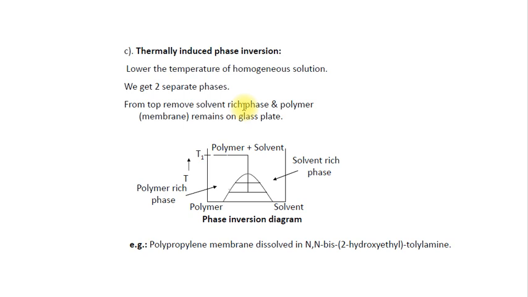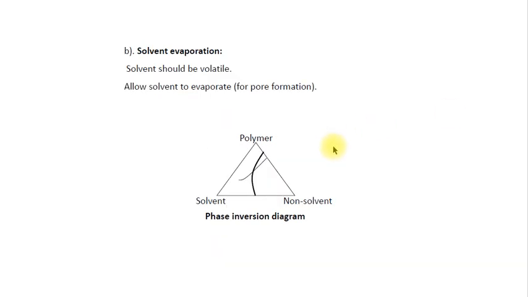So one way of controlling the pore size is by controlling the concentration of the solution, and the second way is the temperature. In the previous cases also, you can control the pore size by changing the concentration of the solution. So the phase inversion method is very useful for making precise pore sizes.